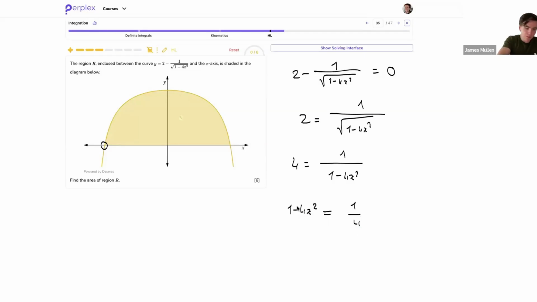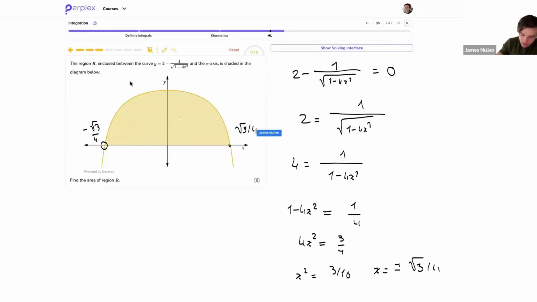And therefore, that means 4x squared is equal to 3 over 4. So x squared is equal to 3 over 16, and x is equal to plus or minus root 3 over 4. So we found x is equal to negative root 3 over 4 and positive root 3 over 4.